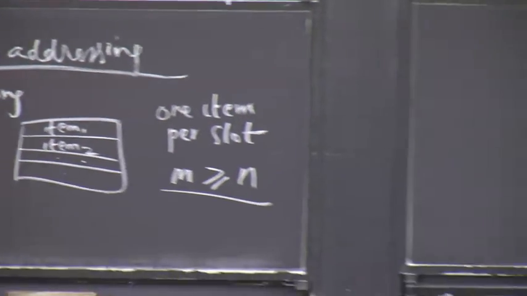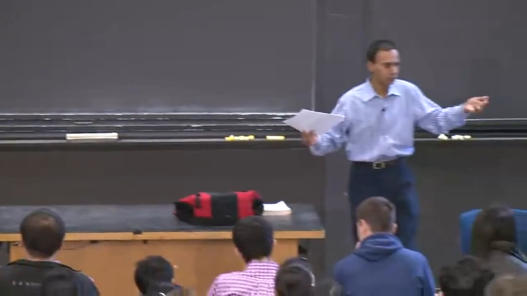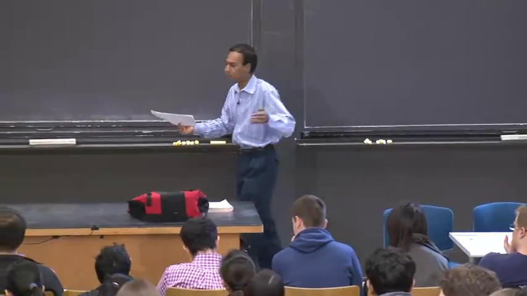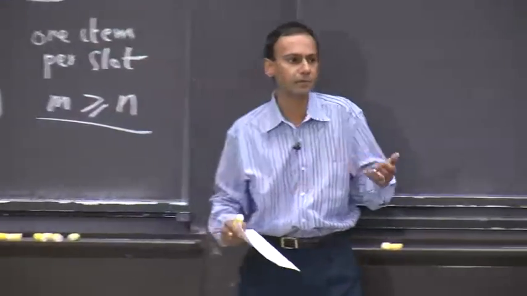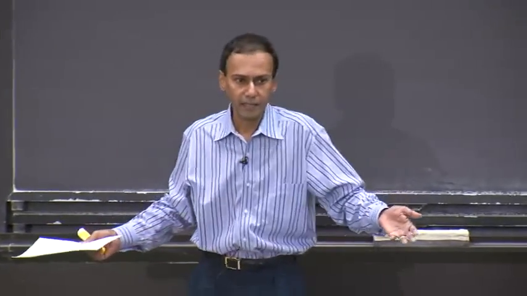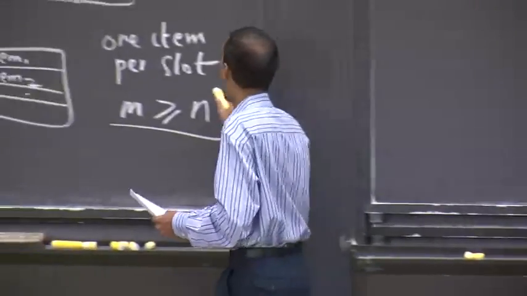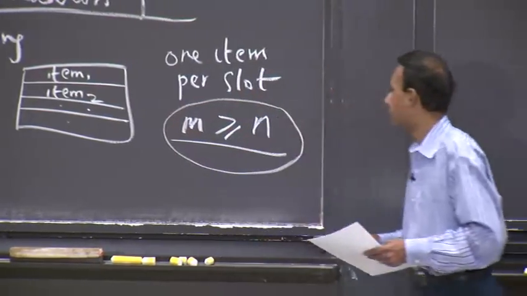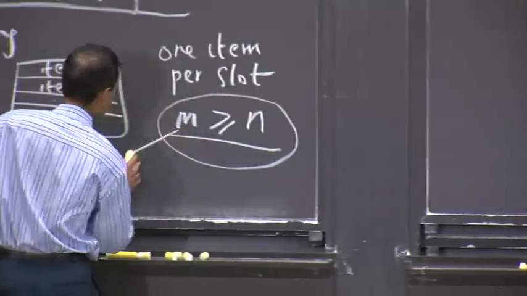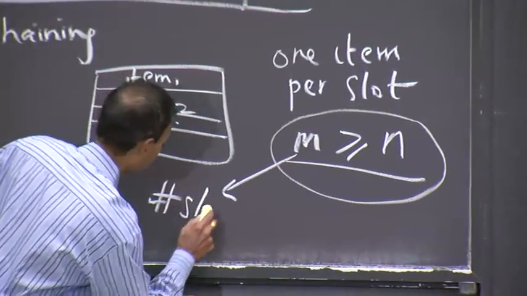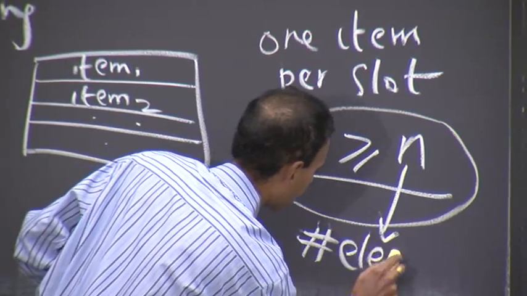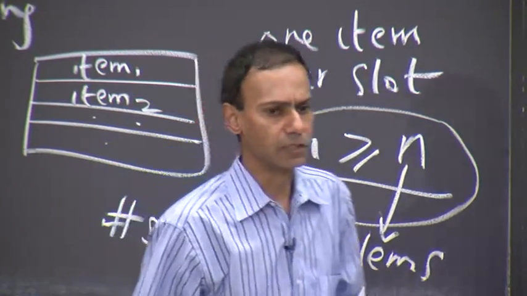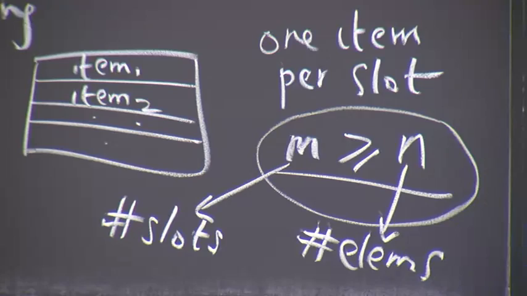Which you could in a hash table with chaining. But here you only have these array locations, these indices that you can put items into. So it's pretty much guaranteed that if you want a working open addressing hash table, m, which is the number of slots in the table, should be greater than or equal to the number of elements. All right? That's important.